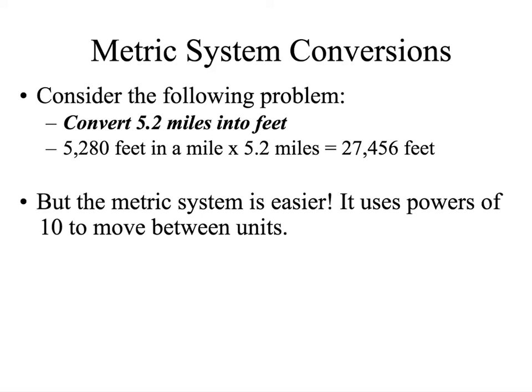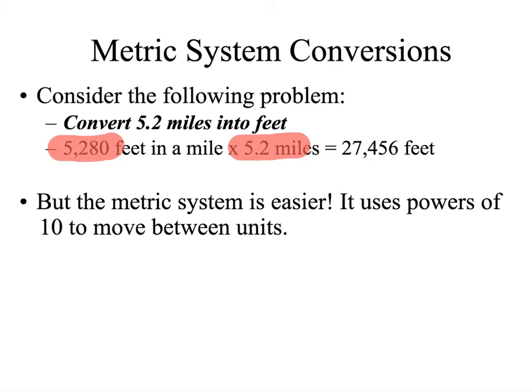If we consider this problem here, convert 5.2 miles into feet. The first thing you have to do in that problem is to find out, okay, I know that there are 5,280 feet in 1 mile. And then you multiply that by 5.2 miles.